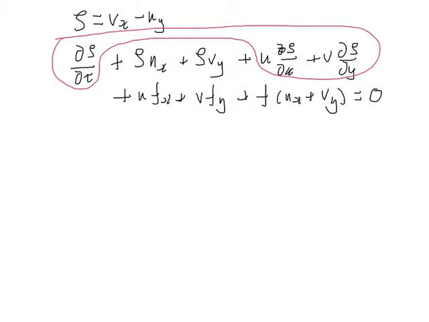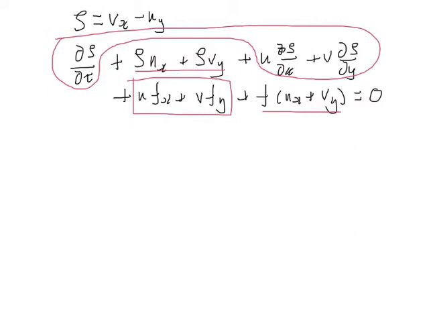Plus we get terms which are like zeta times (ux plus vy) coming from this, and f times (ux plus vy). We also notice, though, that this piece here, u fx plus v fy, looks like the sort of terms you would get from advecting f in x and y, although f itself does not depend on t.